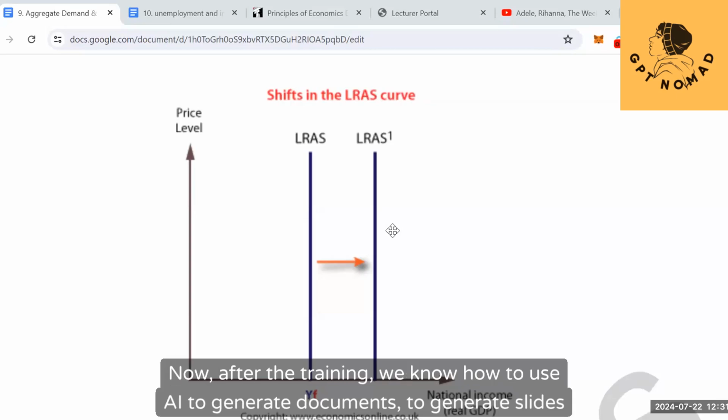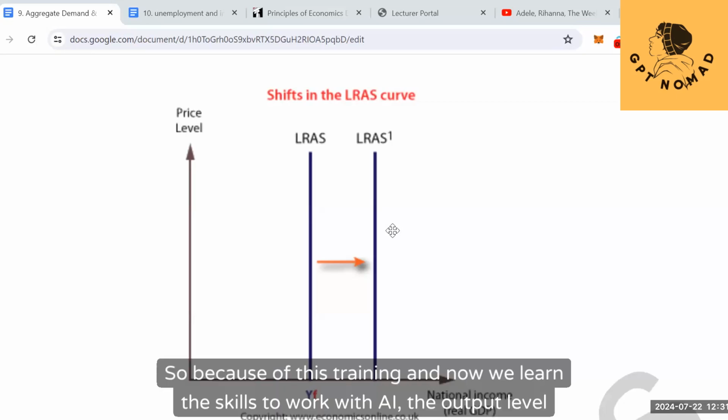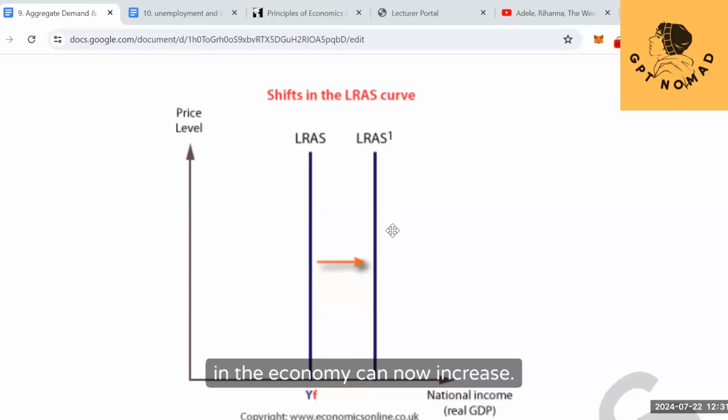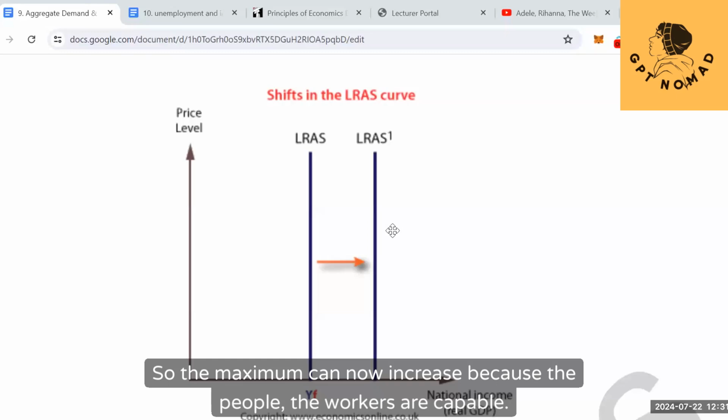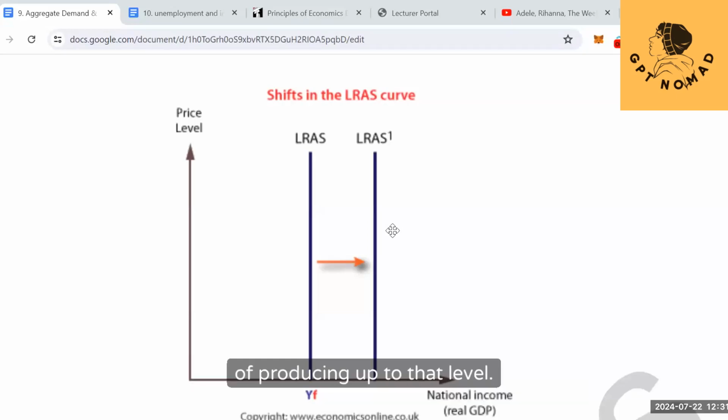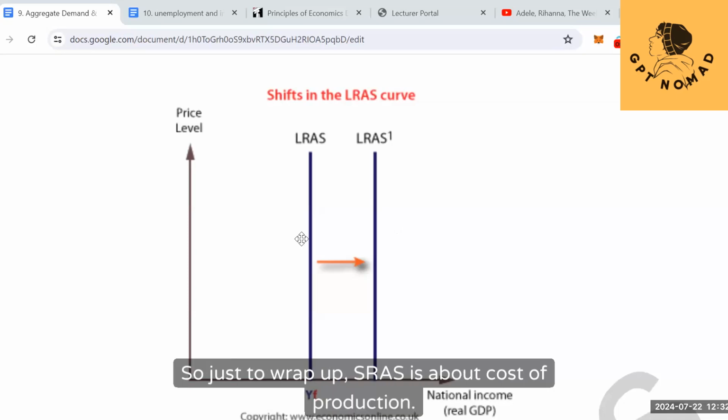Now, after the training, we know how to use AI to generate documents, to generate slides much faster. Because of this training, and now we learn the skills to work with AI, the output level in the economy can now increase. So the maximum can now increase because the workers are capable of producing up to that level.